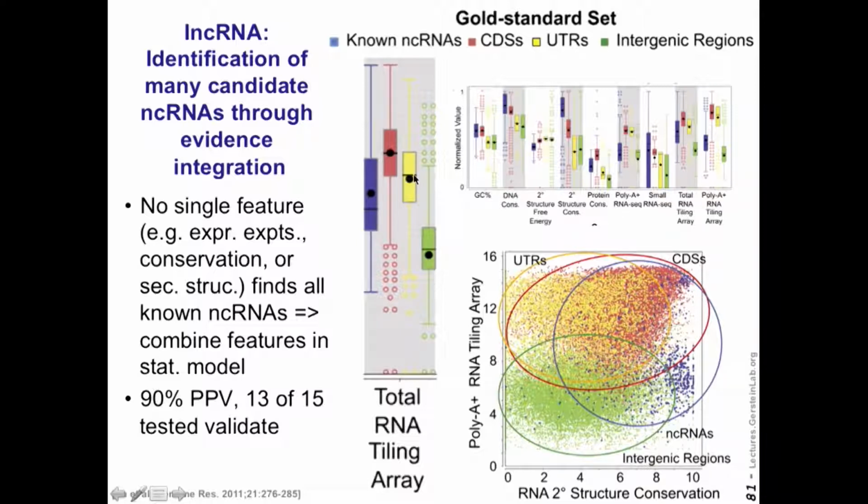Like you could not pick a threshold so that only the known non-coding RNAs would be separated from the protein coding genes. Not going to work. But if you take two features, say you take the structure of your putative non-coding RNA and you take this result, you can actually separate a lot better. And if you take many, many features in a high-dimensional space, you can do fairly well. And so that's what this tool does.